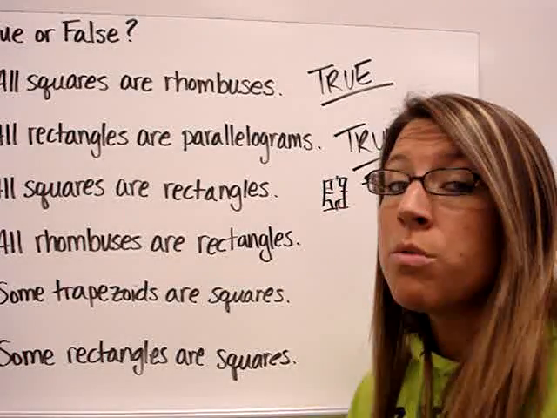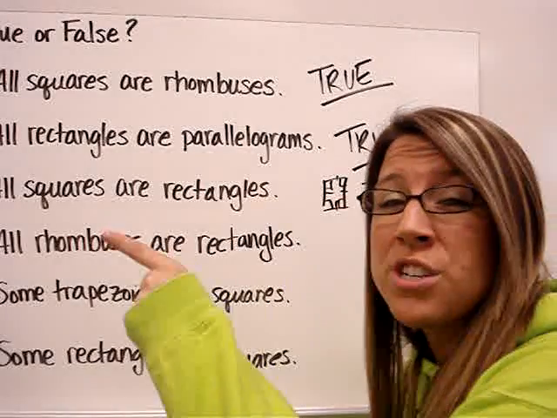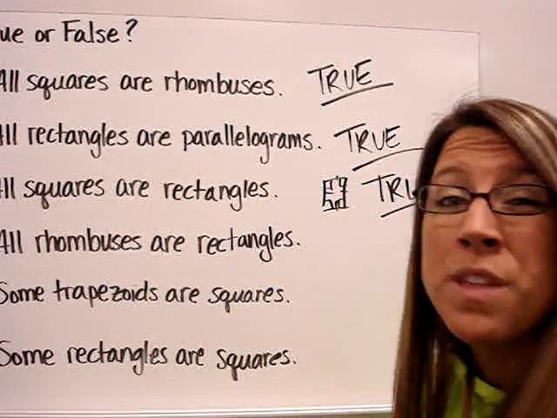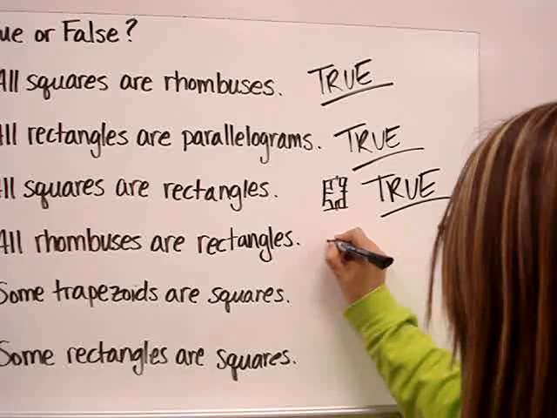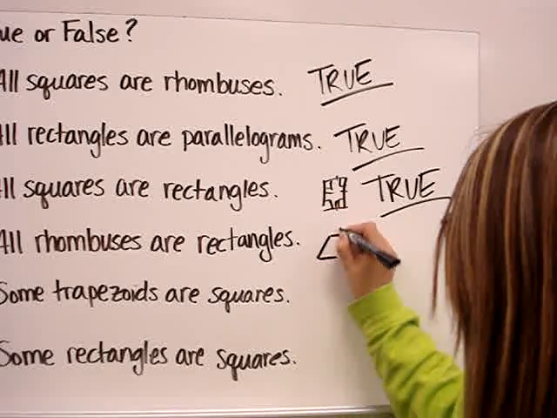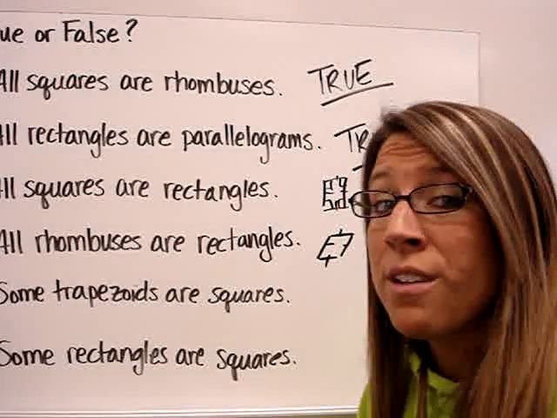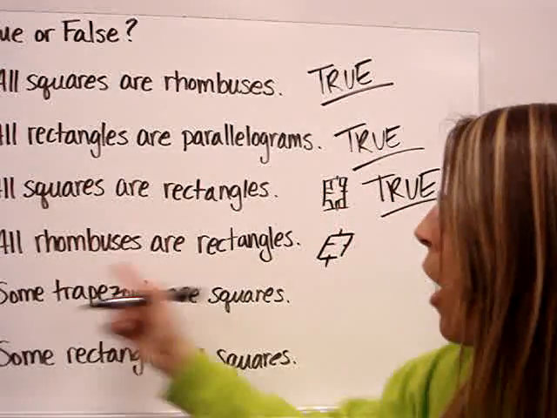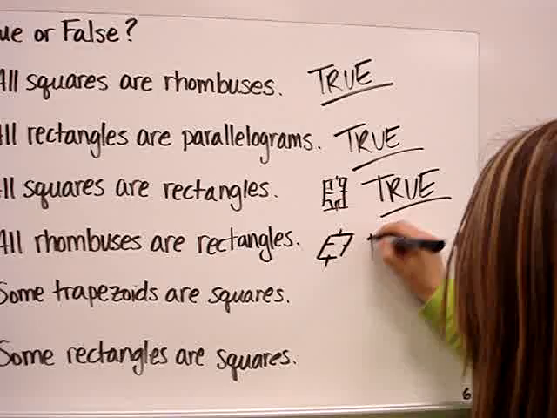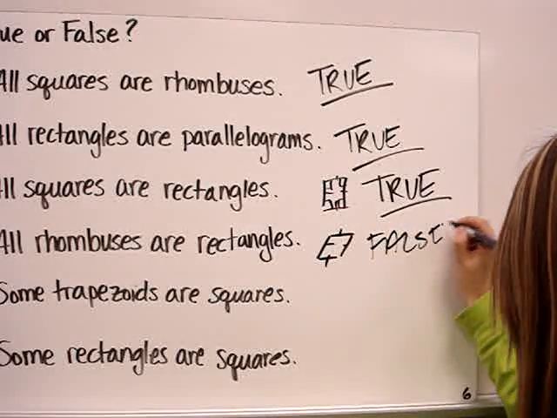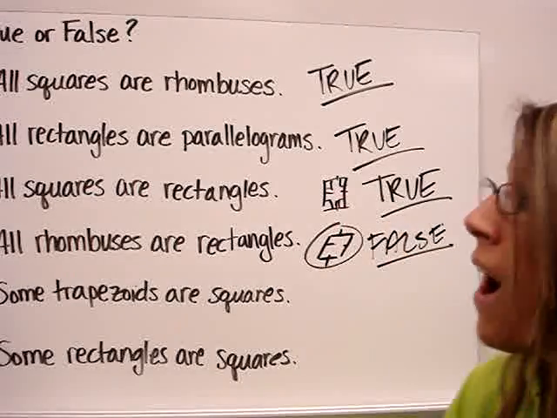Well, I don't think so, because if you remember the definition, or you remember the example I drew of the original rhombus, it did not have all right angles, did it? Now, all of the sides were congruent, but if it's tilted and doesn't have right angles, it is not a rectangle. So if all rhombuses are rectangles, that is false. And this drawing right here is a good reason why.